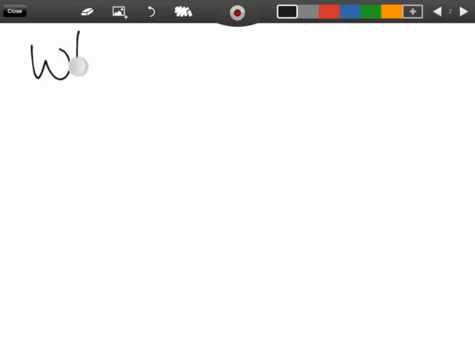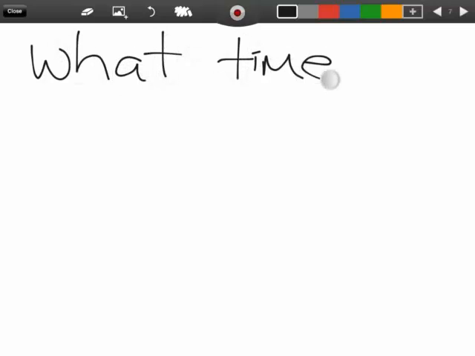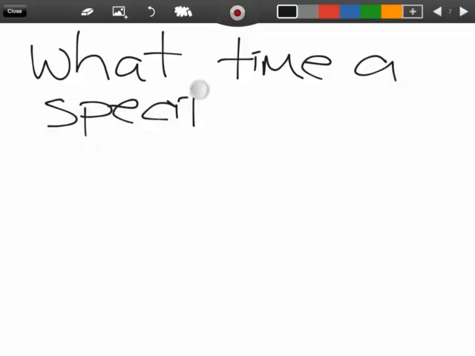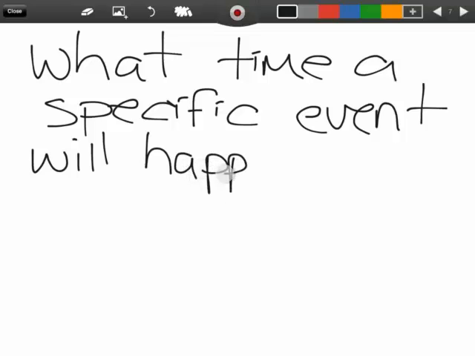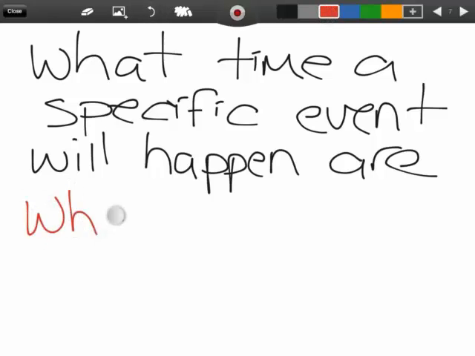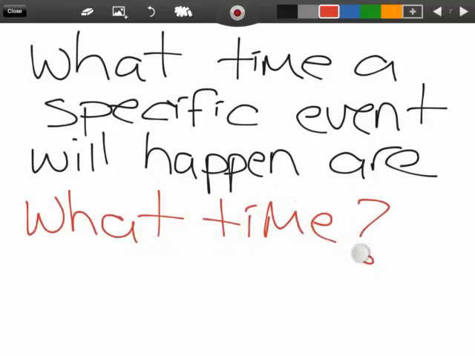What time a specific event will happen are what time and when.